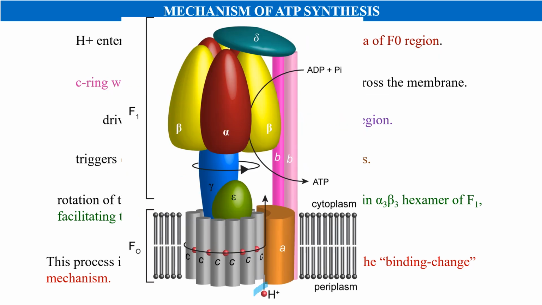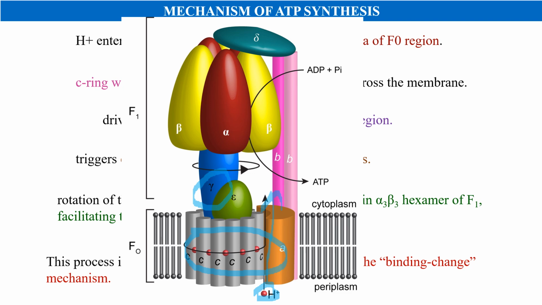So subunit A allows the passage of protons into the matrix, and this entry of protons rotates subunit C of the F0 region. After the rotation of subunit C, it also rotates the gamma subunit of the F1 region.